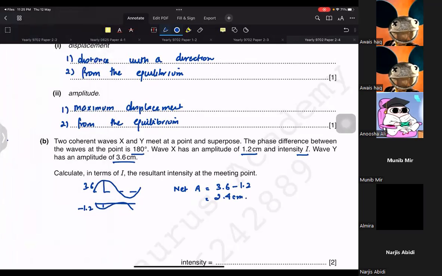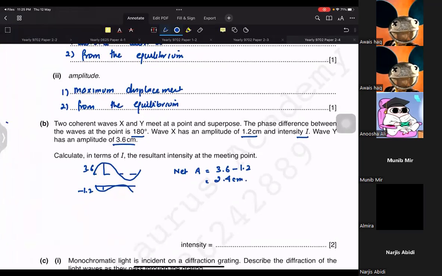Okay, now, because it's asking about the ratio, the intensity of 1.2 was I, right? So I'm going to write I1 over I2 equals A1 squared over A2 squared. This is the ratio. Whenever he asks about any ratios, please do use this. Now, I1 was just I. I2 is what we're looking for. A1 was 1.2 whole squared, and the new displacement, the resultant, was 2.4 whole squared.